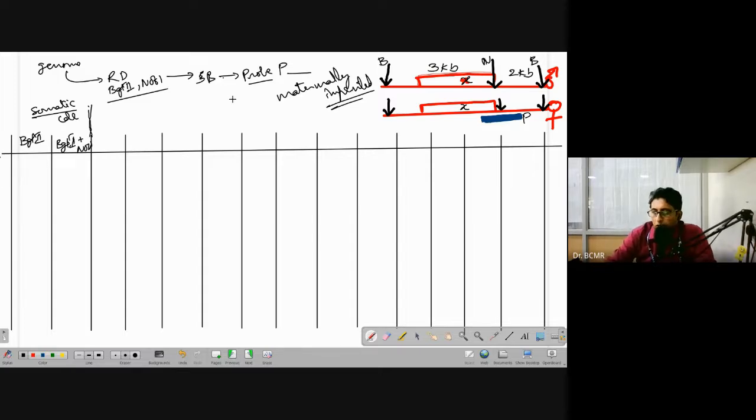I would like your participation in this, to help me fill up this blot. If I took somatic cell, how many bands will be observed after southern blotting, and what will be their sizes? Can anybody help me out?